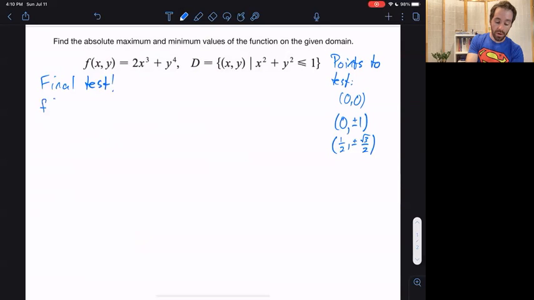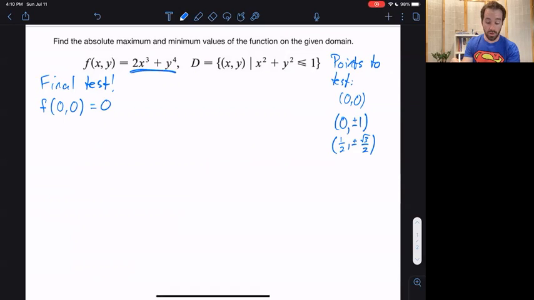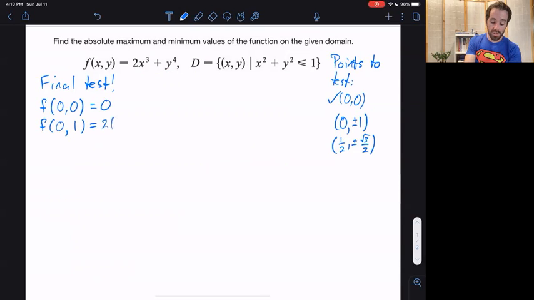We'll do f of 0, 0. That's obviously equal to 0. And again, we're looking at this function, the very, very first original function. So 2 times 0 cubed plus 0 to the fourth, that's 0. So now we've checked this one. Okay, well, let's do f of 0, comma 1. That's 2 times 0 plus 1 to the fourth.